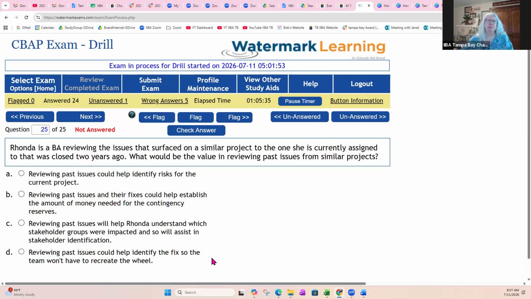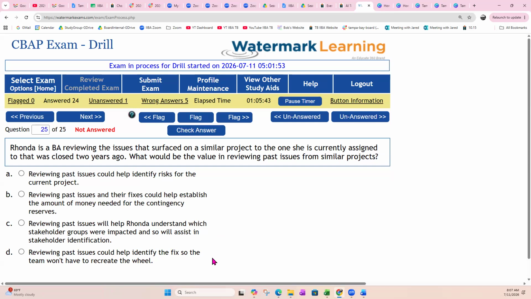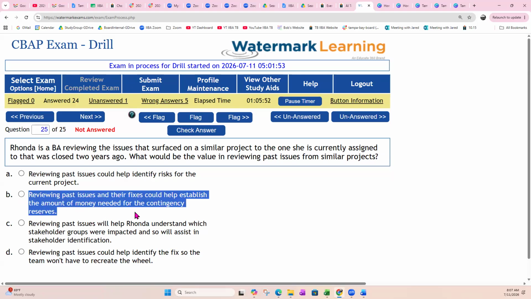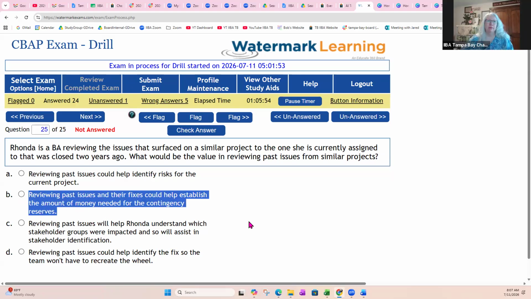What can we eliminate? I think B. I agree. We're not trying to establish the amount of money for contingency reserves, are we?